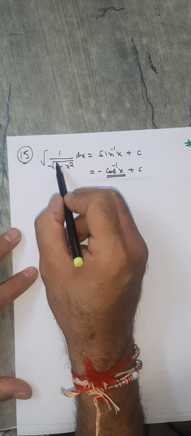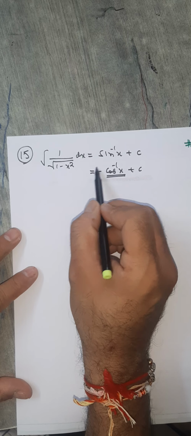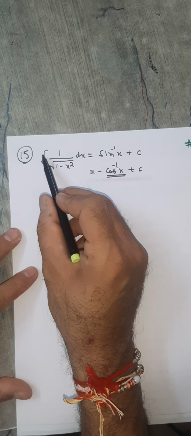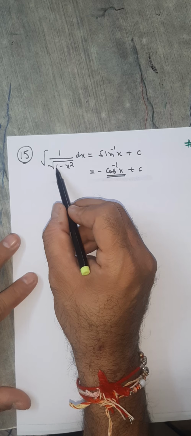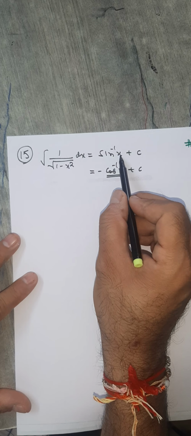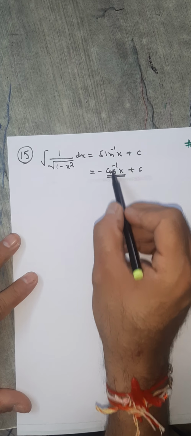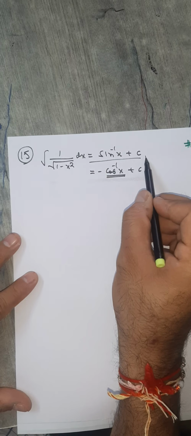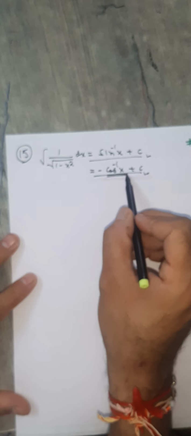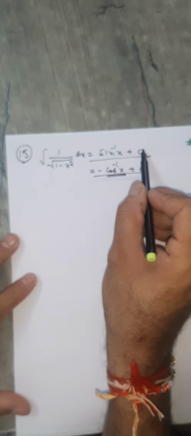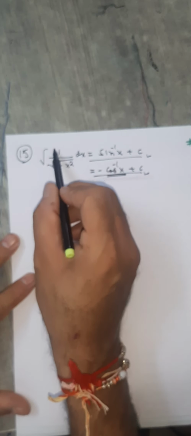It is minus 1 upon root of 1 minus x square, and this minus gives us this. So integral of 1 upon root of 1 minus x square is sine inverse x, or here minus cos inverse x. Both are same. You can write this as well as this. Meaning is same. Whether you differentiate this or you differentiate this, in both the cases the function will be this.